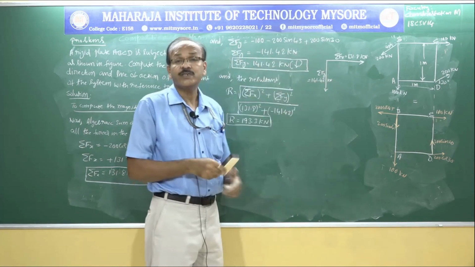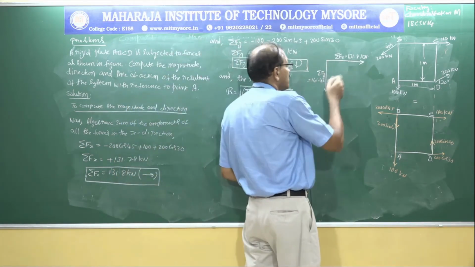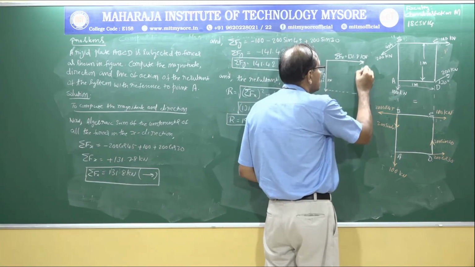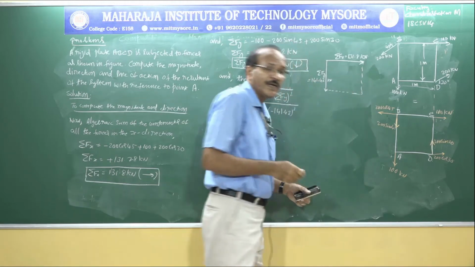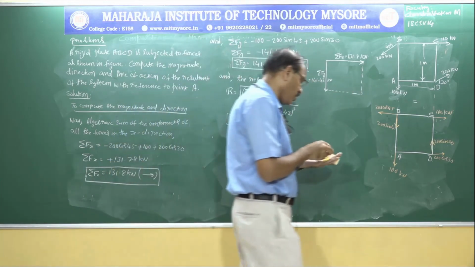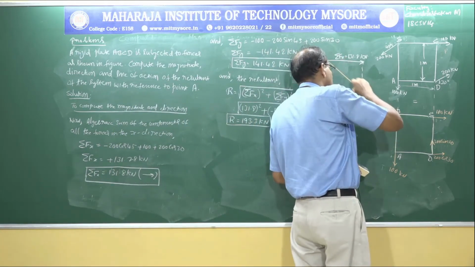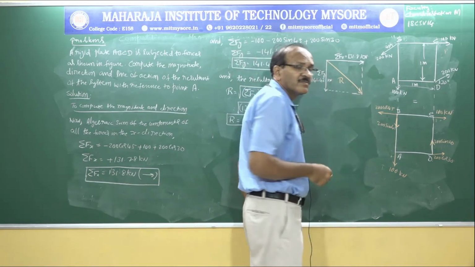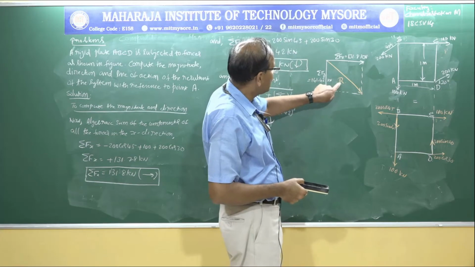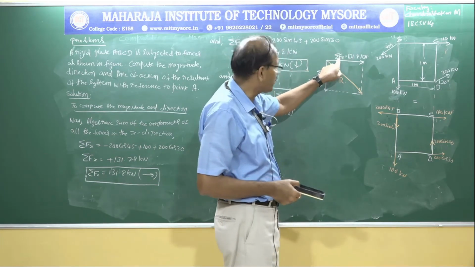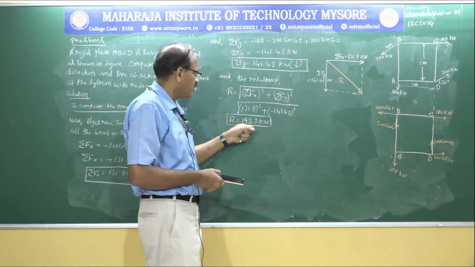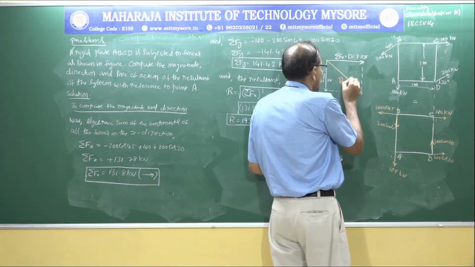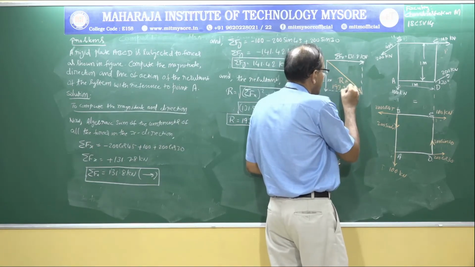It is acting downwards, and this is a rectangle. When I join the diagonals, this is the resultant R. Then what is the resultant? That is equal to square root of sigma Fx square plus sigma Fy square. So that is 193.3 kilonewton.